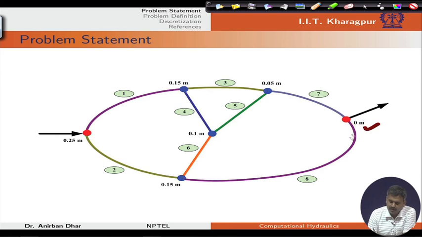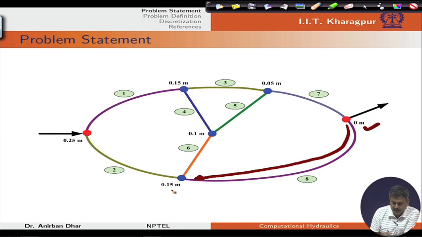Now, starting from this 0, the values are increasing in this direction, and the value of bed with respect to this downstream endpoint is 0.15 meter. Again values are increasing, and this is the highest point in this network. So, obviously we have a slope which is towards this direction.